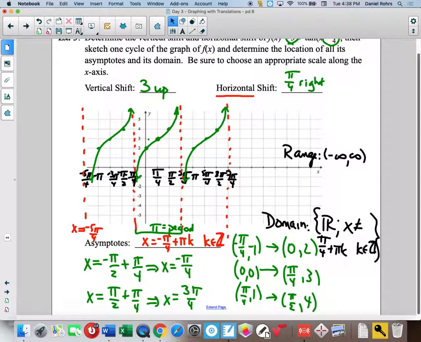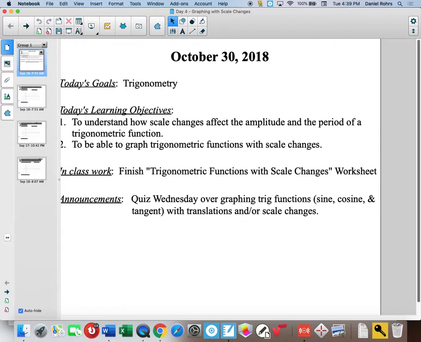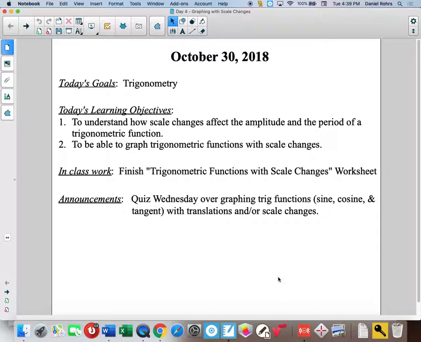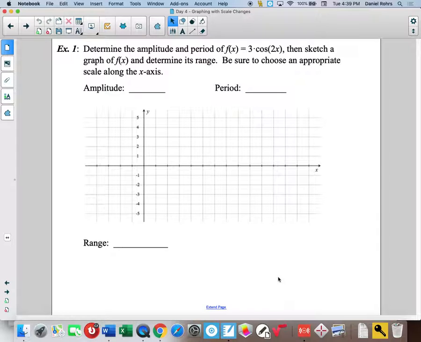So that finishes up our discussion from translations from yesterday. What I'd like to do is go on to scale changes and how scale changes change things. This is where you have to get used to this. So again, this 2 and this 3, because they're being multiplied or divided, are scale changes.